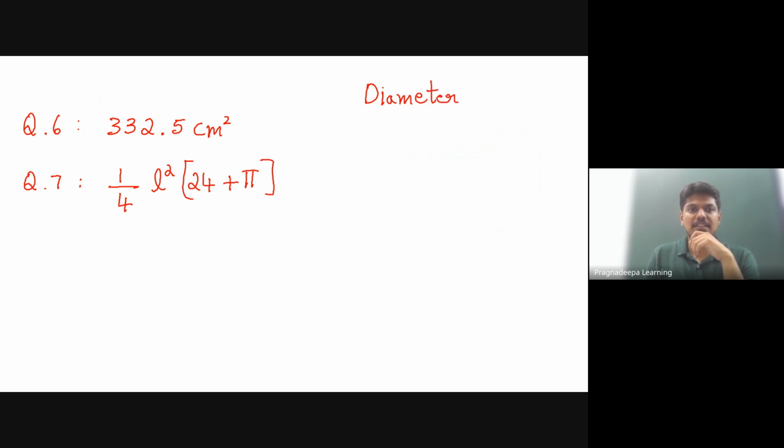This is the surface area of the solid, correct? What was the diameter? 7. Now here it was L. And note that both the concepts are same. Means if I substitute L is equal to 7, should I get 332.5? Definitely you should get.